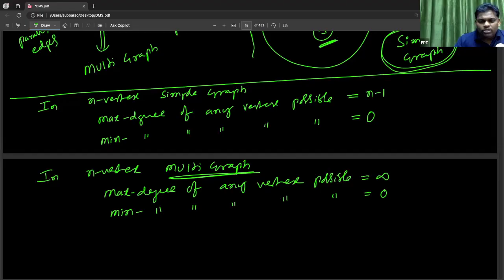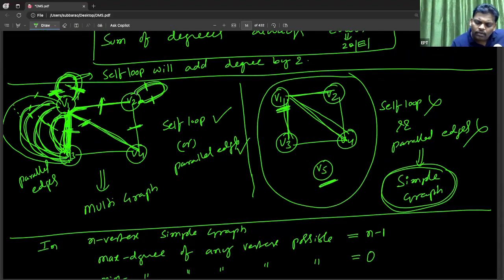So Priyoshi, are you getting it? When you say parallel edges, one self loop is there, and one more self loop you can keep. Whatever it is, parallel self loop or non-parallel self loop, multiple are possible. Because parallel edges are allowed, you can keep one more also, no problem.